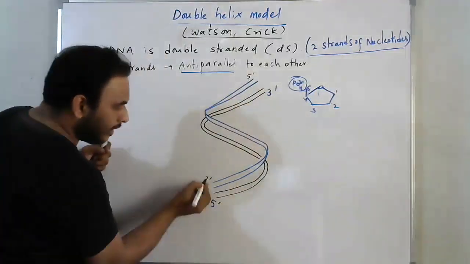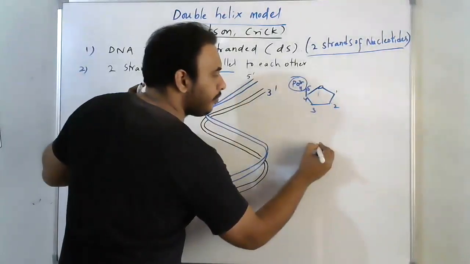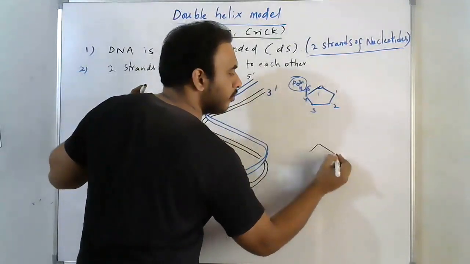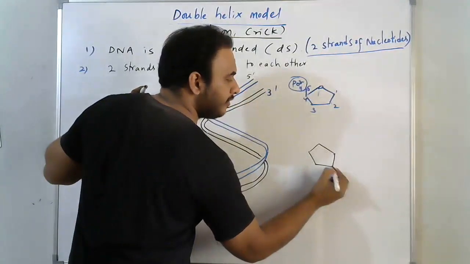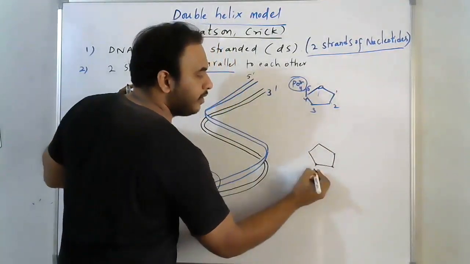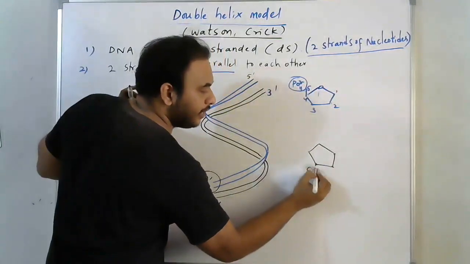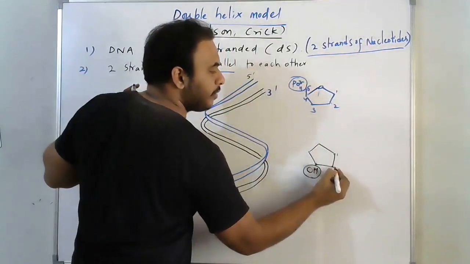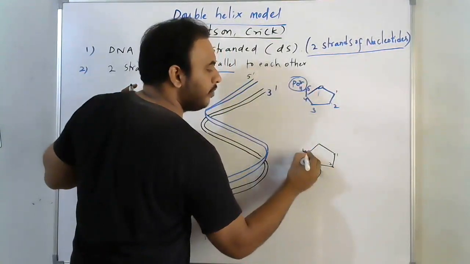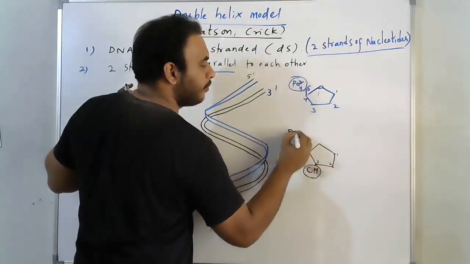And the next nucleotide: first carbon, second carbon, third carbon. This third carbon will be free. Here, generally, an OH functional group will be present.